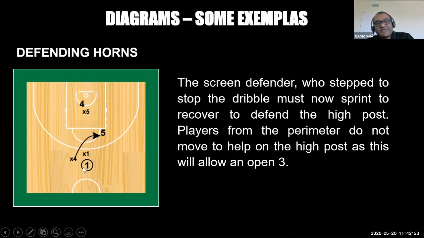That is the situation in the middle zone, with the two big guys at the start of the offense in the horns attack.